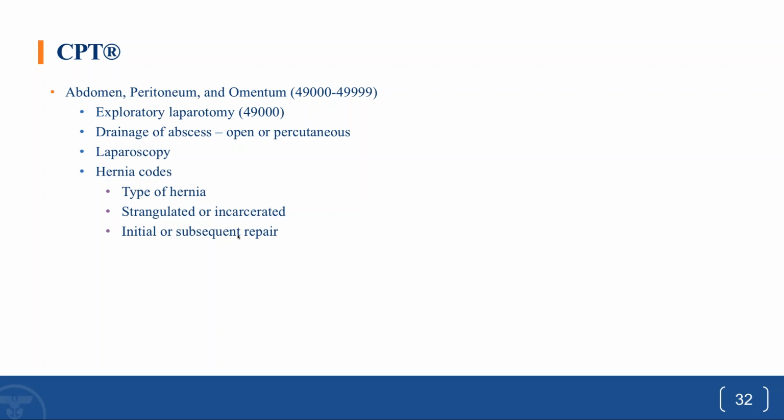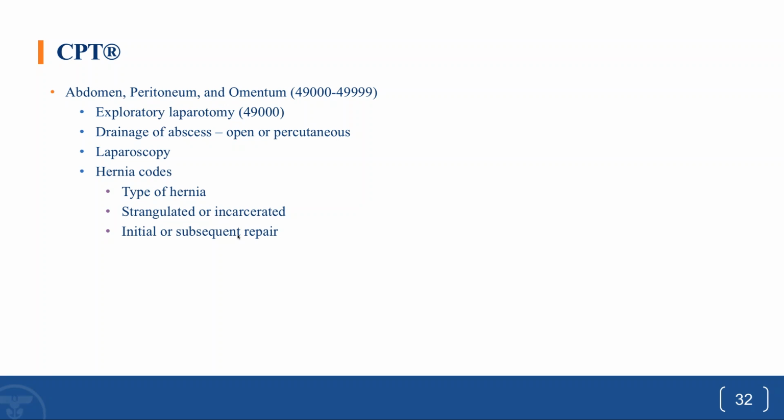So as you can see, the mesh is included in the CPT code already for the laparoscopic procedures. Okay? And then they still have the incarcerated or strangulated. Okay? So just remember with the laparoscopic, the mesh is included.